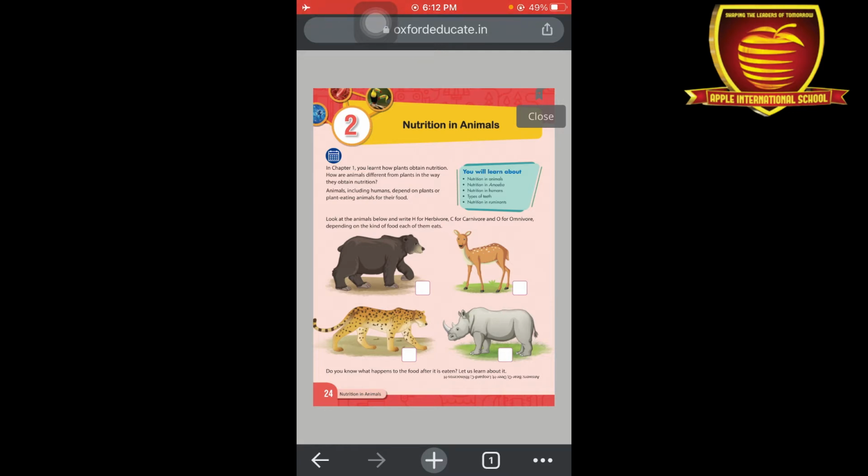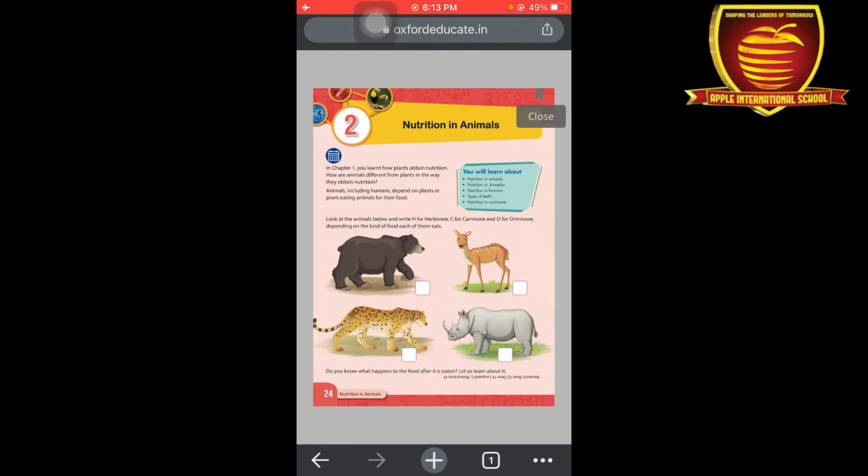Deer eats only grass, so it is in the herbivore category. Leopard eats only flesh, so it is in the carnivore category. Rhinoceros eats only plants, so it is also a herbivore.